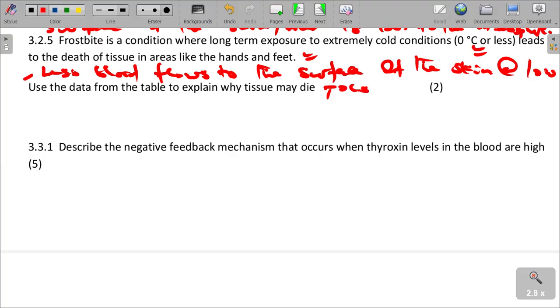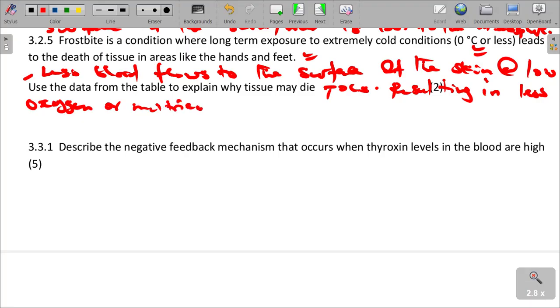And therefore less oxygen or nutrients reach the cells of the tissue, and cells may die.